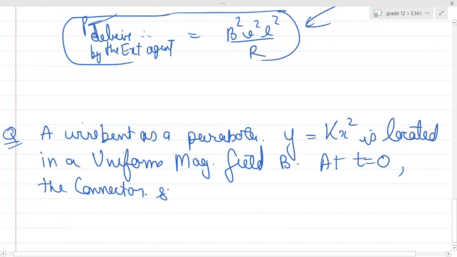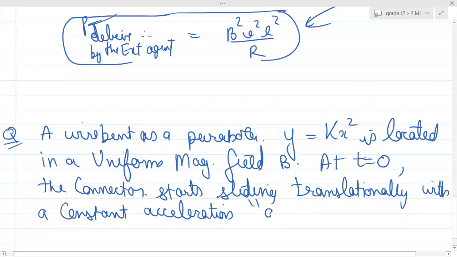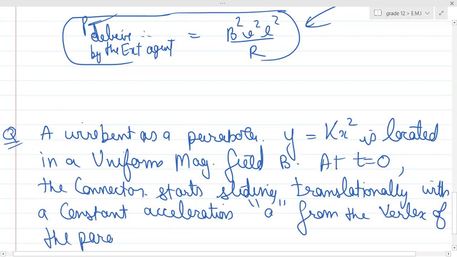The connector starts sliding translationally with a constant acceleration from the vertex of the parabola at origin.